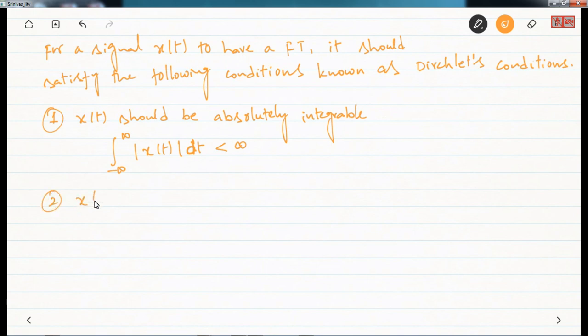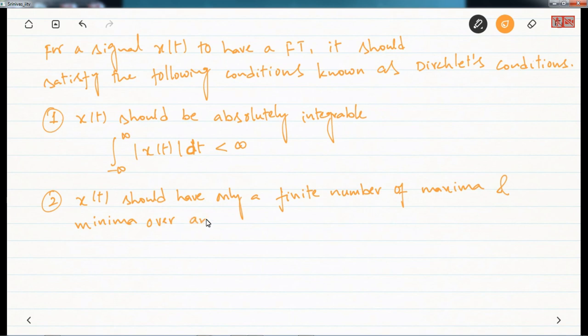Condition two is x of t should have only a finite number of maxima and minima over any finite interval.